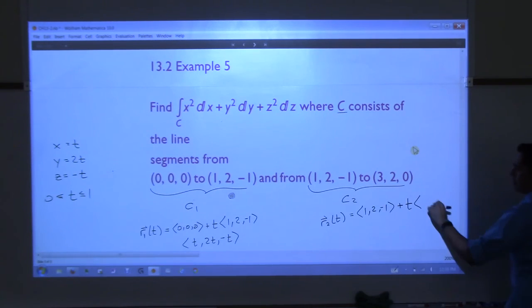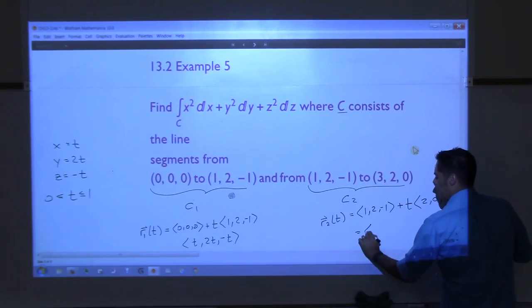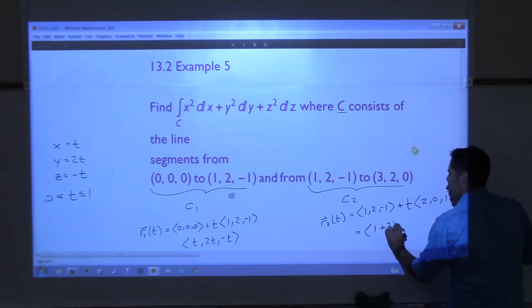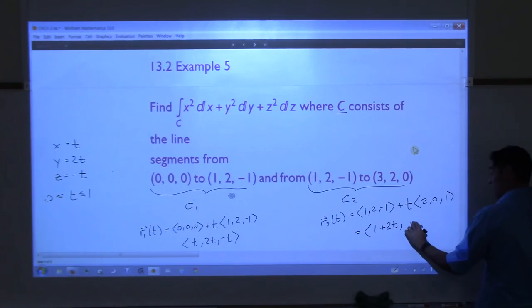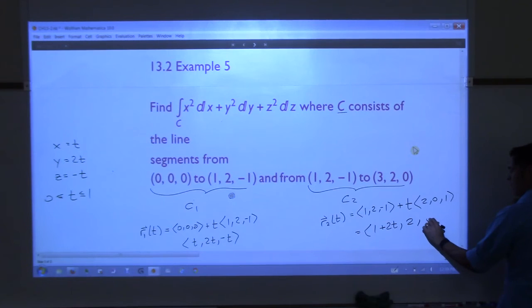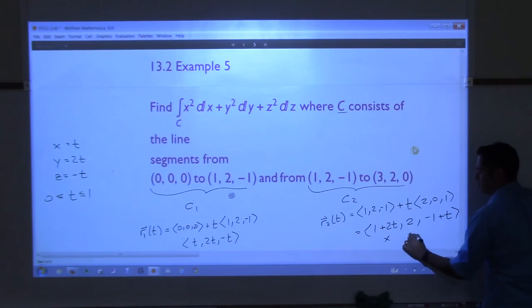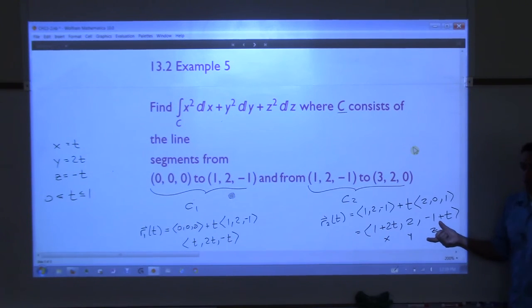So subtract, and you should get the vector 2, 0, 1, right? Put them together: 1 plus 2t, 2, and -1 plus t. So this is your x, your y, and your z for C2. Yeah?